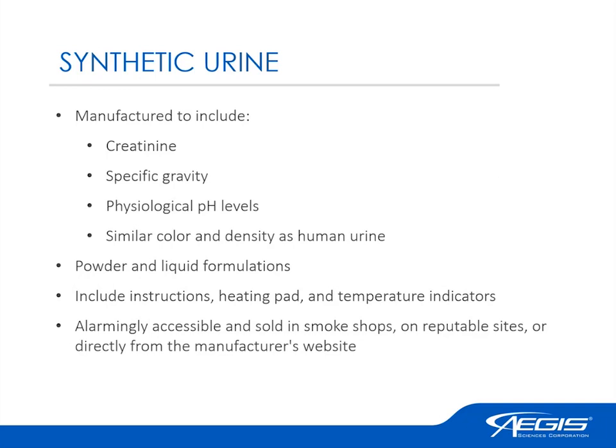Specifically related to synthetic urine, we will talk about what the manufacturers include, things such as the creatinine, the specific gravity, the pH. They also, when they manufacture these products, ensure that they have similar color and density as human urine.